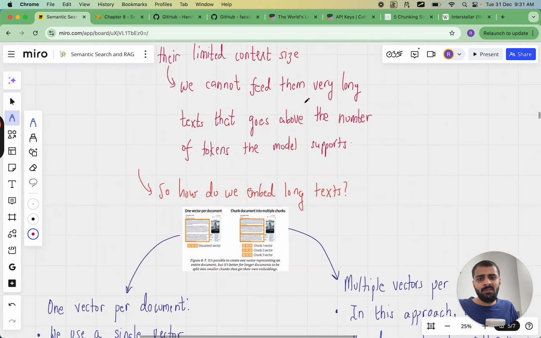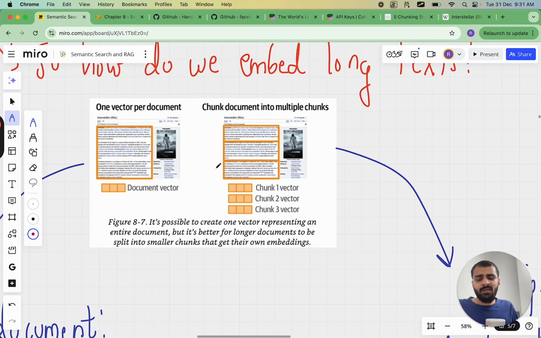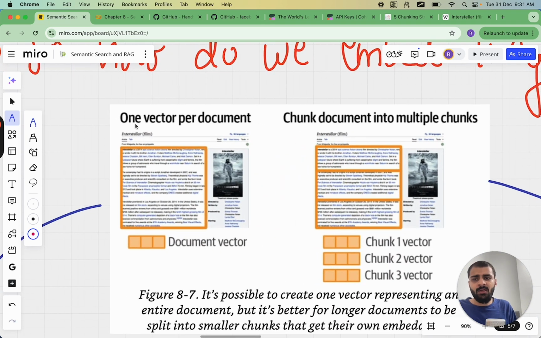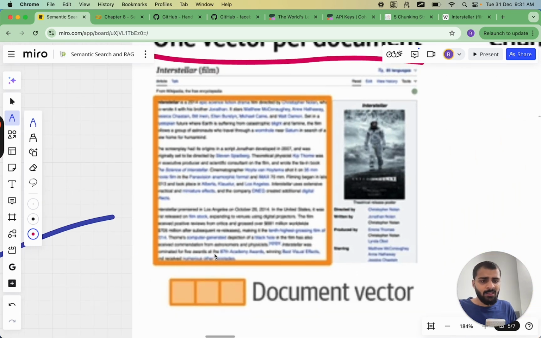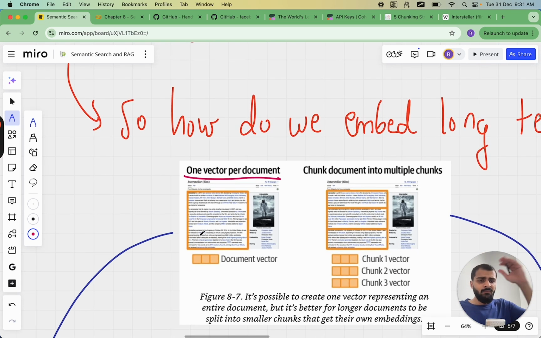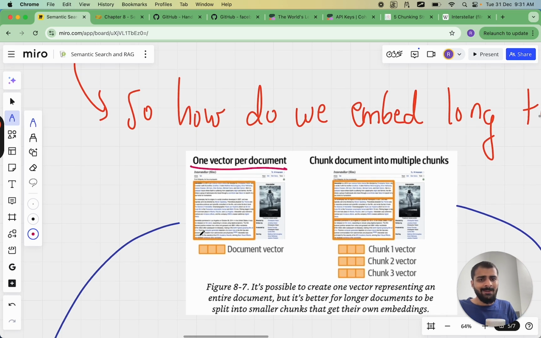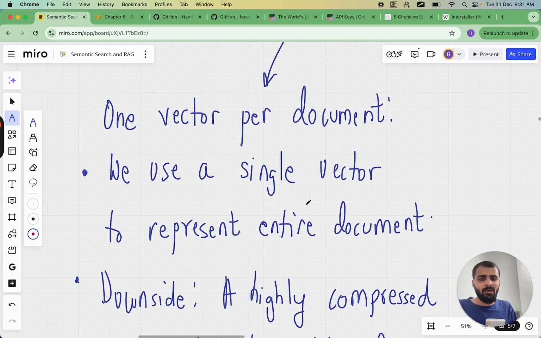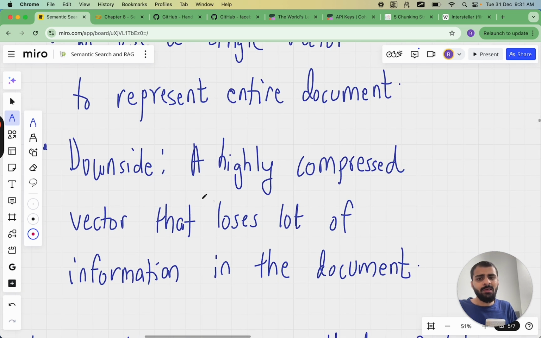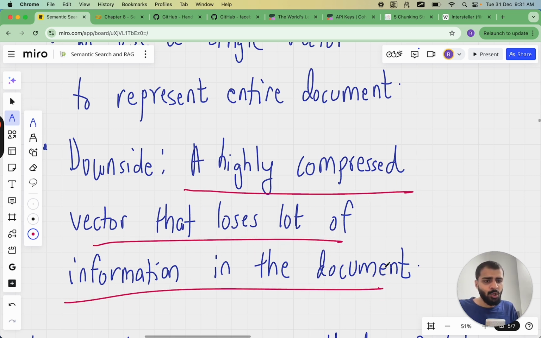So this is where we come to the different types of chunking systems. The first type of chunking is, as I mentioned, one vector per document. So let's say you take these 3 paragraphs of the Interstellar Wikipedia and encode this entire thing as one vector itself, that's essentially one vector per document. If we use a single vector to represent an entire document, it leads to a highly compressed vector that loses a lot of information in the document.